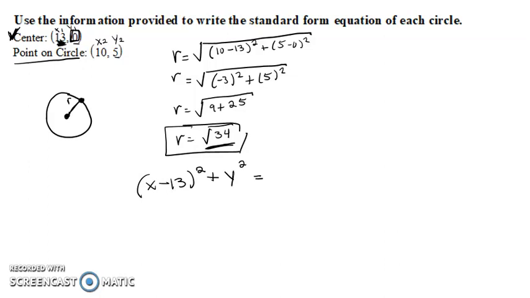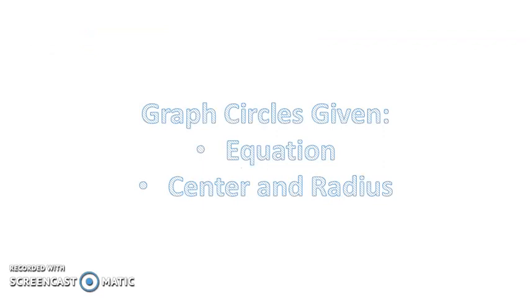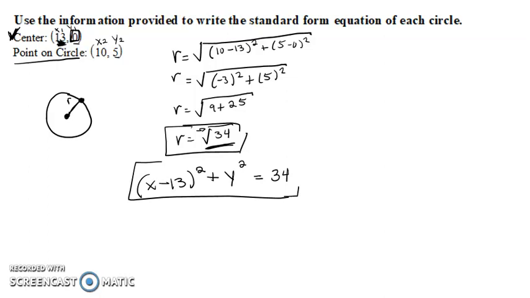And then last but not least, r squared. Well, if r is square root of 34, then we're going to have just 34 here. Because if you square a square root, the radical goes away, and we are just left with what is inside, also known as the radicand. So my final equation is x minus 13 quantity squared plus y squared equals 34.